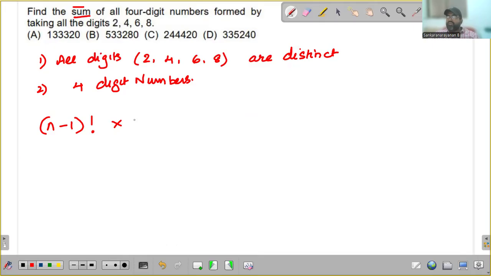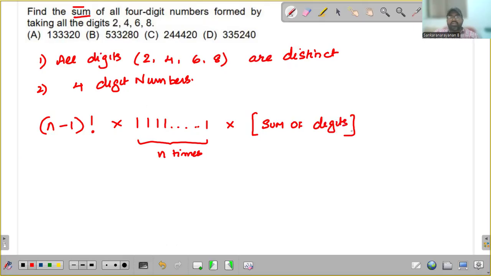So you can put 1, 1, 1, 1. If it's an n-digit number, what you have to do is put 1, 1, 1, 1, etc. up to 1, n times. Okay, this is the general form. Okay, n times into the sum of the digits involved.